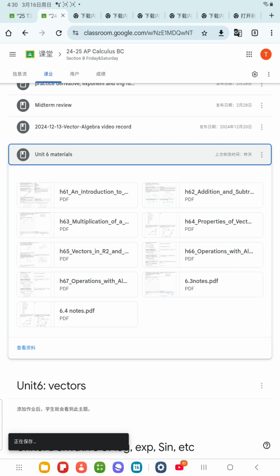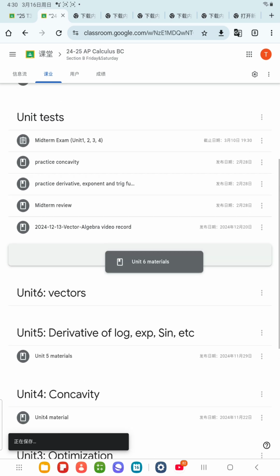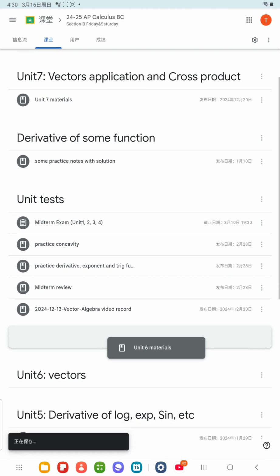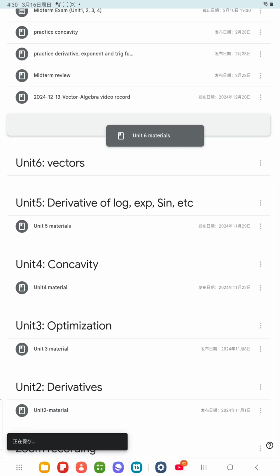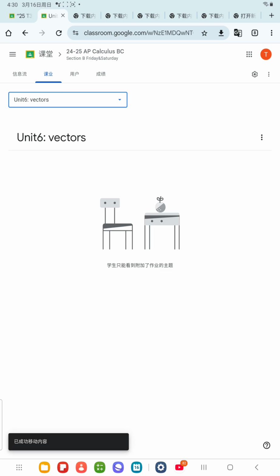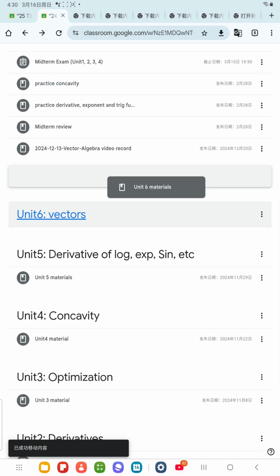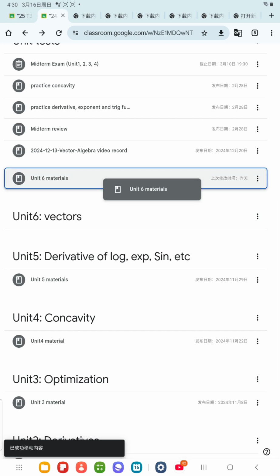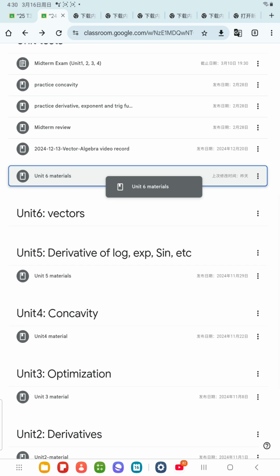So we're going to section, okay. Wait. Okay. What's going on here?